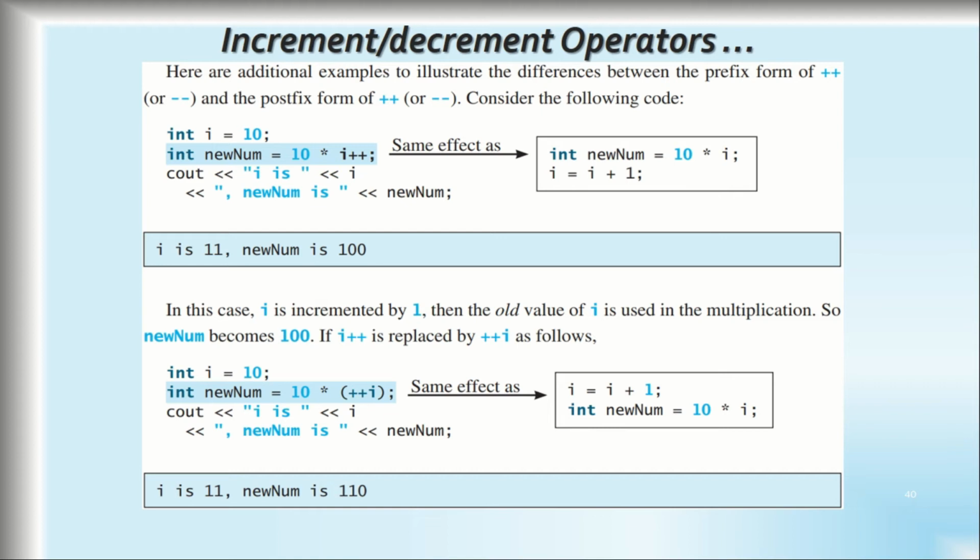Same effect as int num = 10 * i; i = i + 1. Yes, it is post-increment. And this is the pre-increment: first increment the value and assign that value or update that value.